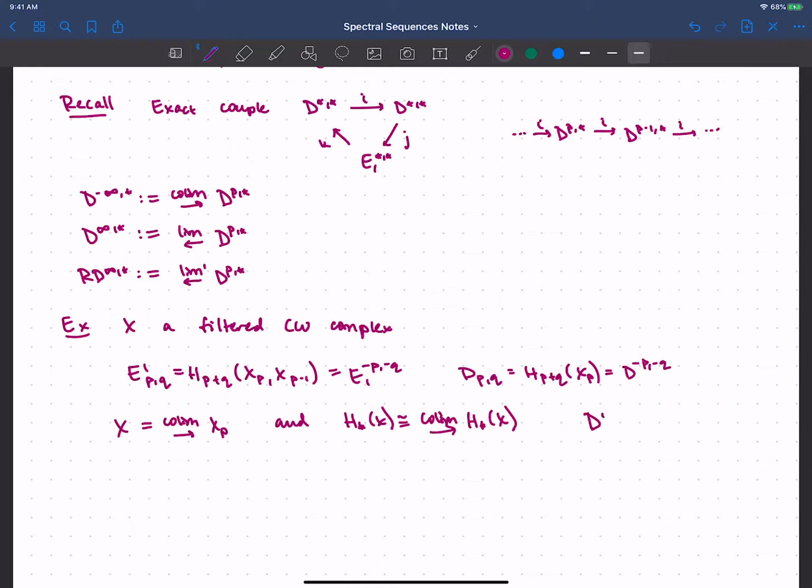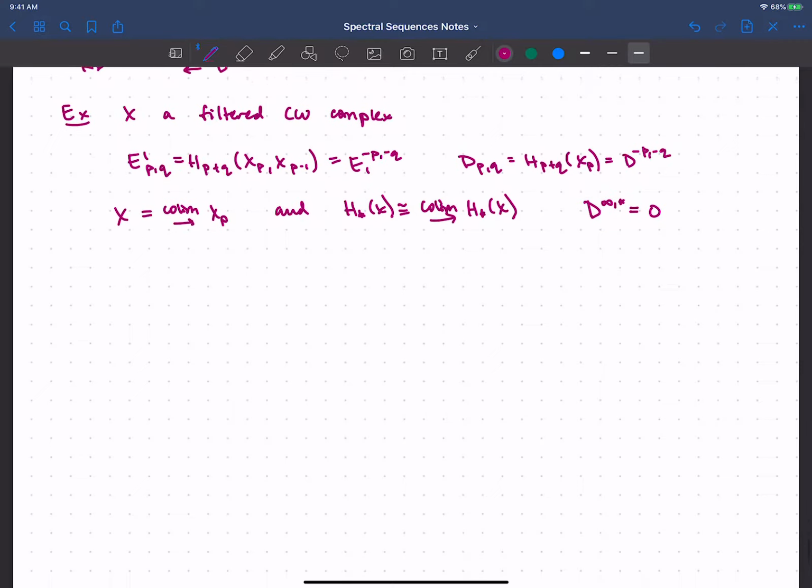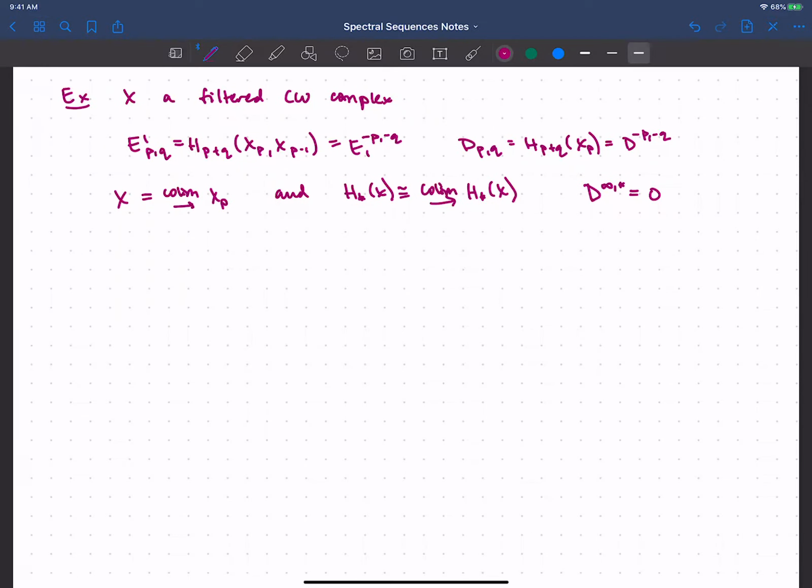And then this D infinity term, that's our inverse limit. Well, the inverse limit will eventually get back to the 0 space and then the minus 1 space, the empty set. And so that's just going to be 0. That is no homology.